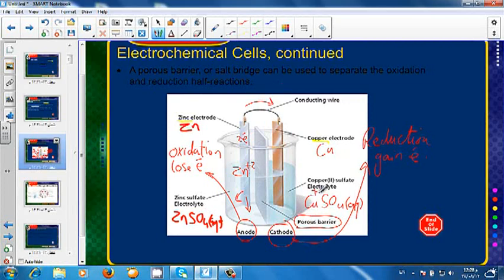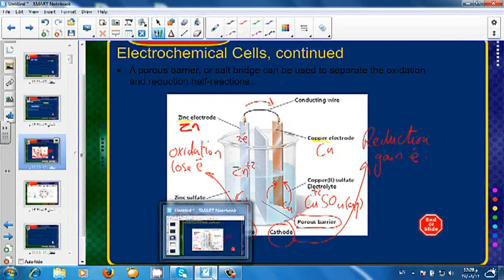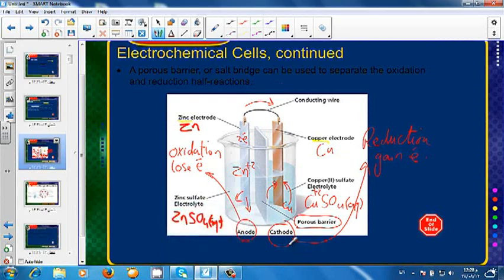They are gained by the positive copper ions in the solution. When copper ions gain electrons, they are reduced, and the copper then starts to accumulate over the positive electrode, the cathode. So the cathode carries a positive charge, and the anode carries a negative charge.